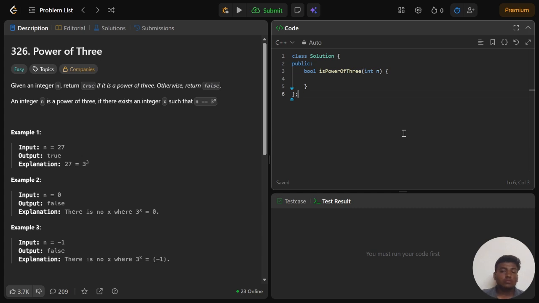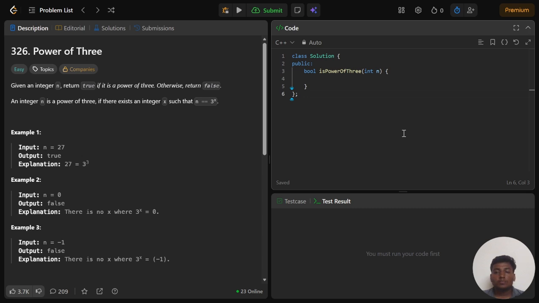In this approach we will use a math trick only, nothing else. We will use the largest power of 3 divisibility. The most elegant big O of 1 solution exploits the fact that 3 is a prime number. We all know that 3 is a prime number.